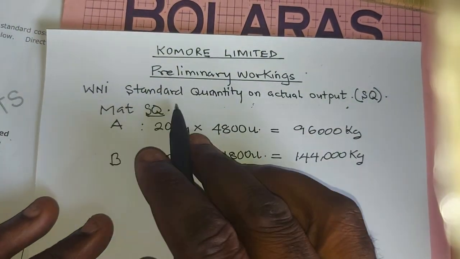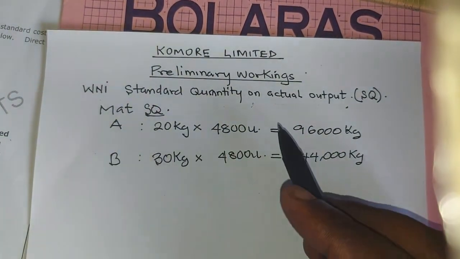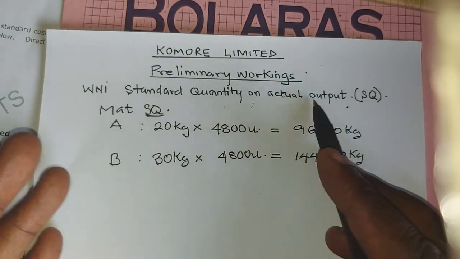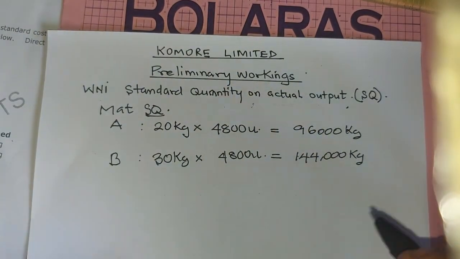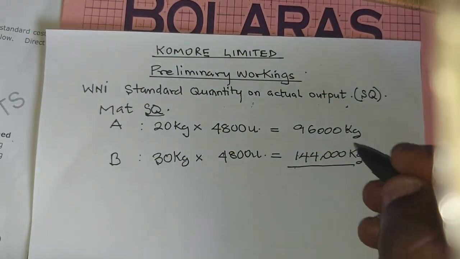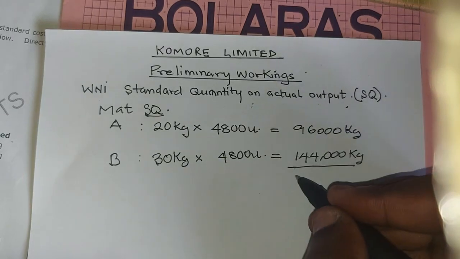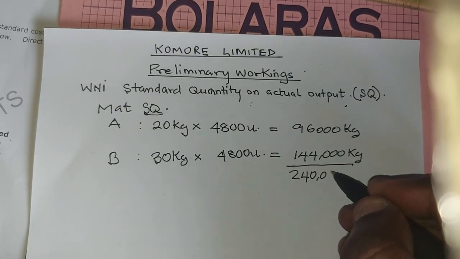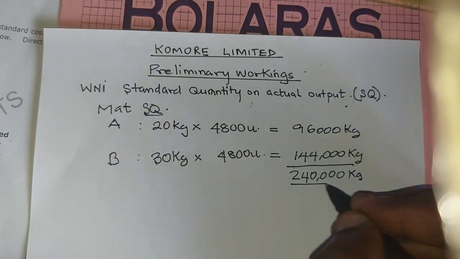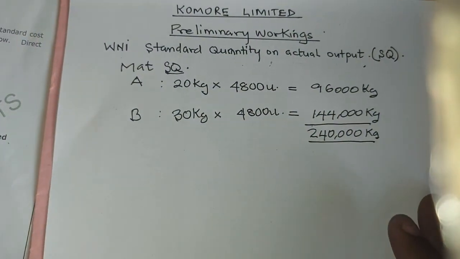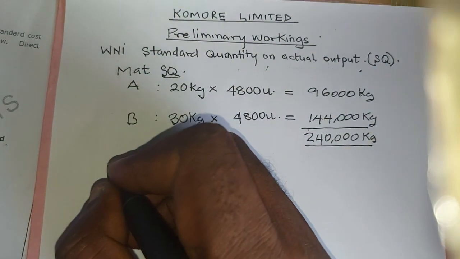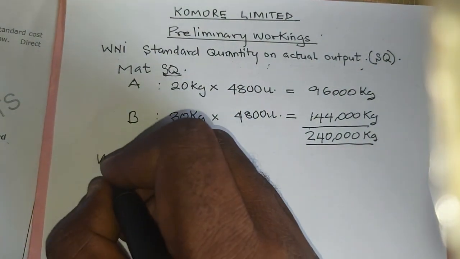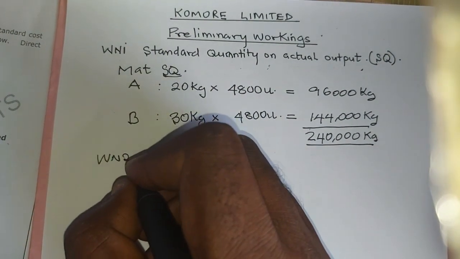That is the standard quantity to be consumed on actual output. You can add these together, and when you add, it's going to give you 240,000 kilograms.